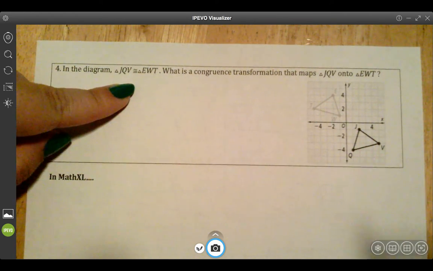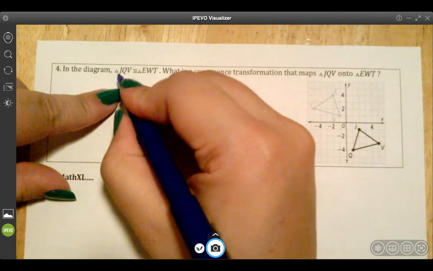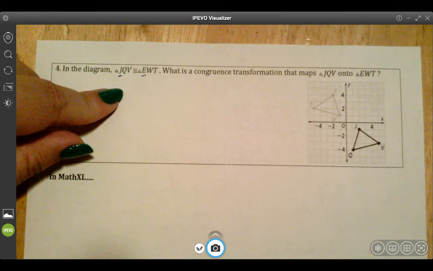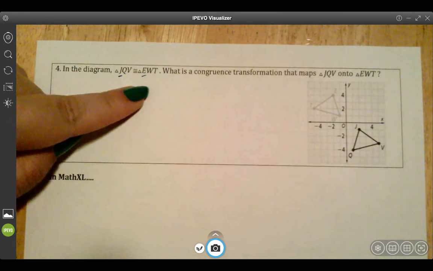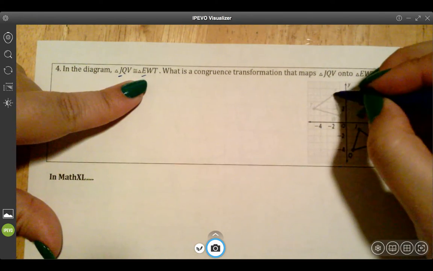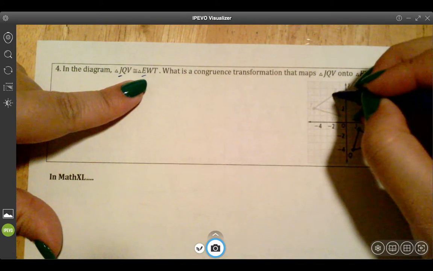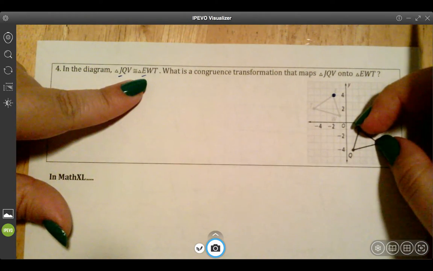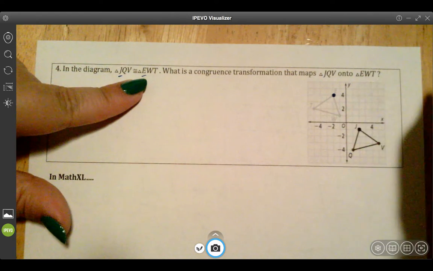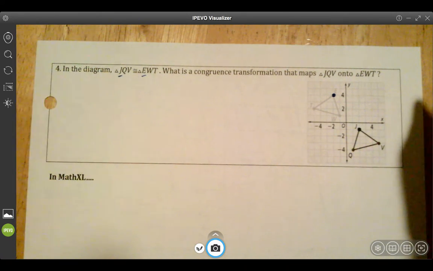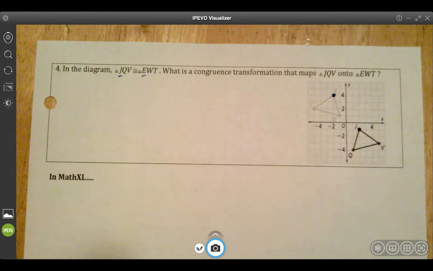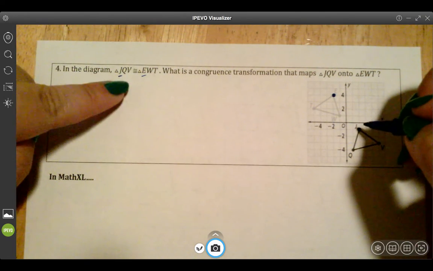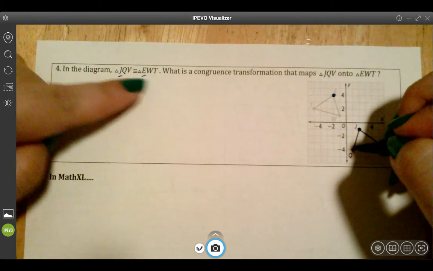So, for example, I have J corresponding with E because those are the first letters of my congruence statements for each of those triangles. So that tells me J should map to E. Okay, so that tells me this is not going to be a reflection where J reflects onto W because those are not the vertices or the angles that correspond. Okay, so then we want to say Q maps to W.